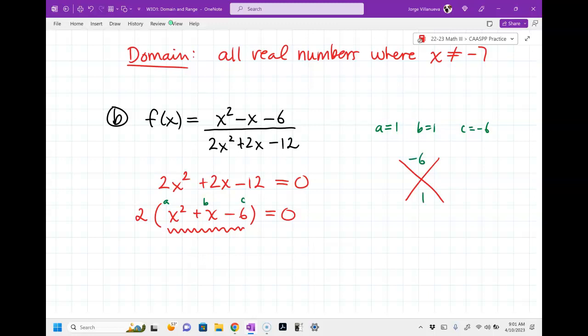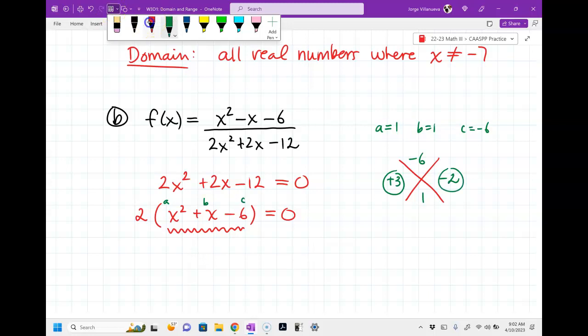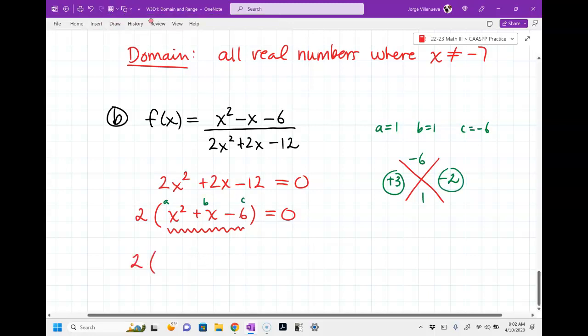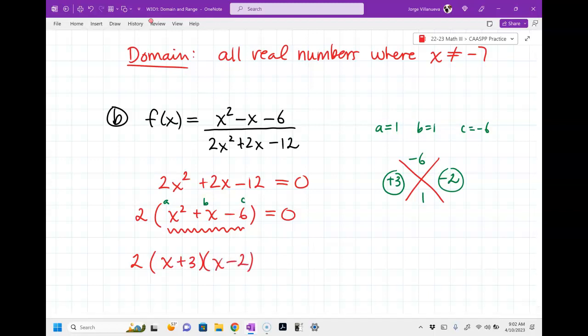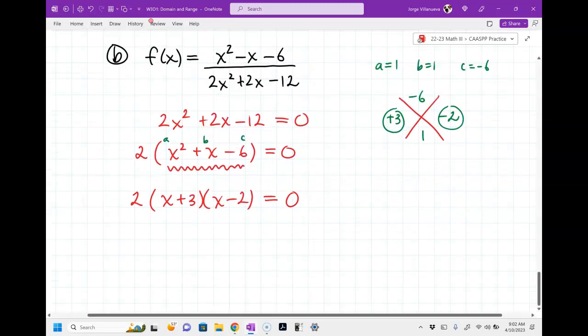Two numbers that multiply to -6 that add up to a +1 would be a +3 and a -2. Right? +3 times -2 is -6. 3 minus 2 is 1. So that makes perfect sense right there. So my factor is x plus 3, x minus 2, and that's still equal to 0.